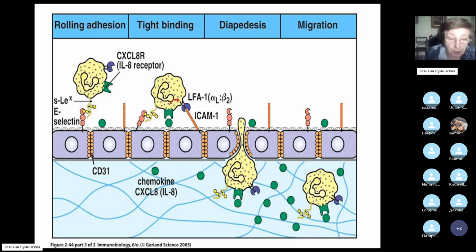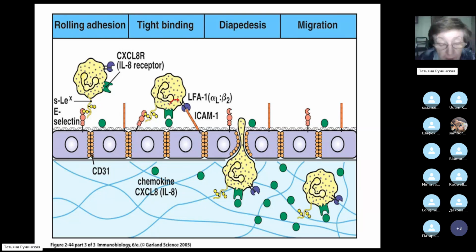You see, chemokines here are a green circle. At first, in the first picture, neutrophils, and these chemokines influence endothelial cells and stimulate them to express adhesion molecules such as ICAM.